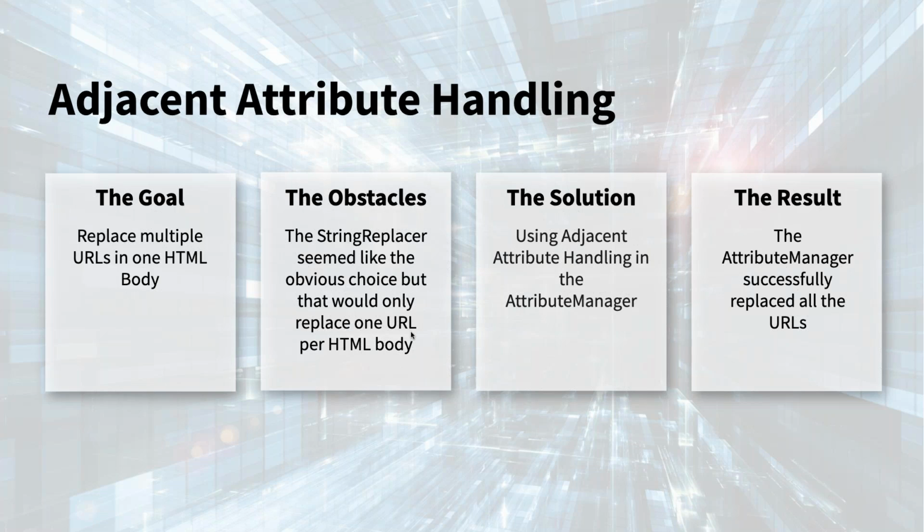However, since we had multiple features coming through, this didn't really work out for us because it would only replace one string per HTML body, and it wouldn't replace multiple strings in one HTML body. So our solution was to use adjacent attribute handling in the attribute manager to successfully replace all the URLs.